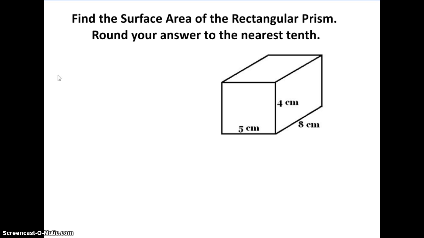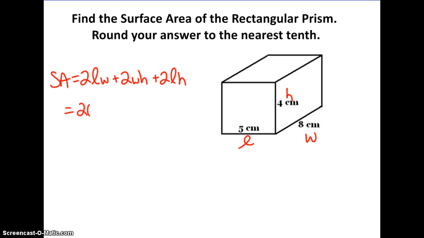All we have to do, I'll rewrite the formula here, that way you don't have to flip back, is to plug in length and width and height. So this is our length, this is our width, this is our height. So 2 times 5 times 8, plus 2 times 8 times 4, plus 2 times length times height.